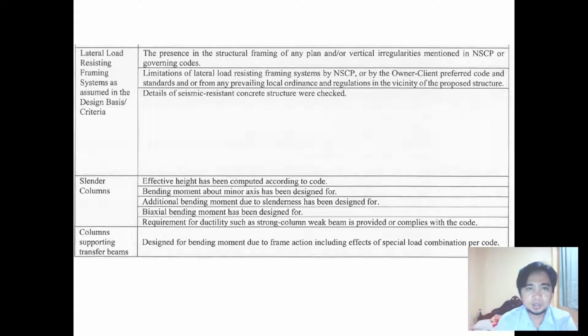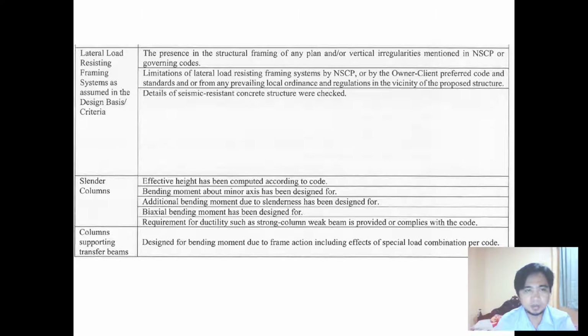So limitations of lateral load resisting framing system by NSCP or by the owner client preferred code and standards, or from any prevailing local ordinance and regulations in the vicinity of the proposed structure. So all of those should be met, as well as the details of seismic resistant concrete structure, checking of that.